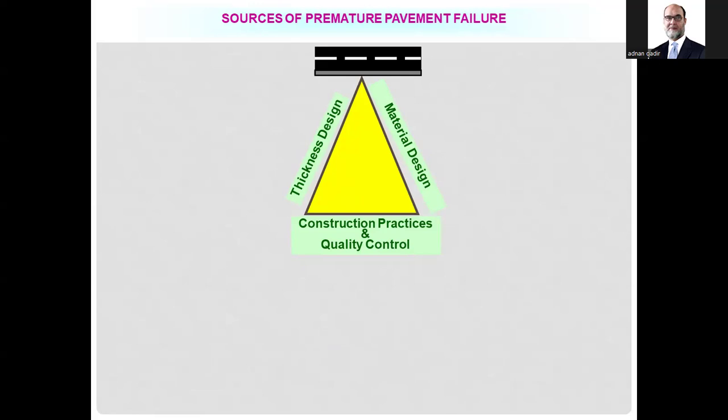Now, this is a very good triangle: for a pavement to fail, one of the three sides is enough, of three parameters. The design thickness that may not be adequate will create the failure. You may have created a thickness design, but the material design was not proper.